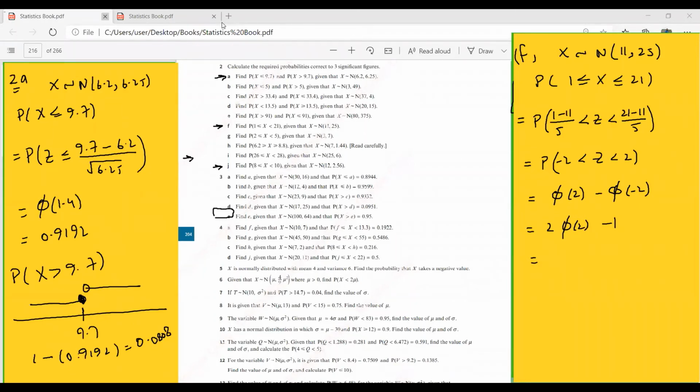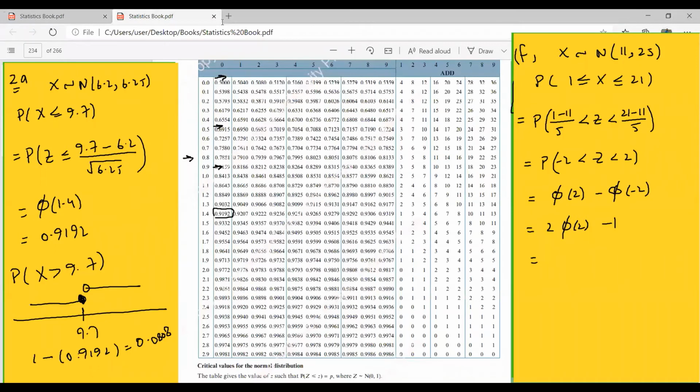Phi of 2, that is 2.0, is 0.9772. This is 2 into 0.9772 minus 1. I have 0.9544.